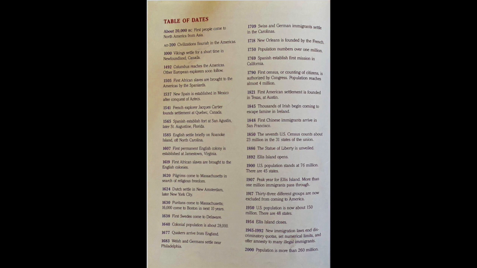There are 48 states. 1954, Ellis Island closes. 1965 through 1992, new immigration laws and discriminatory quotas set numerical limits and offer amnesty to many illegal immigrants. In the year 2000, population is more than 260 million.